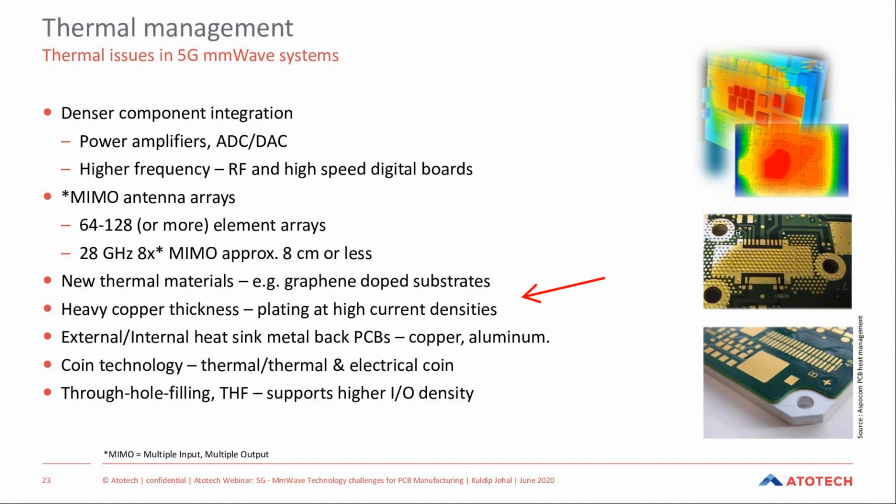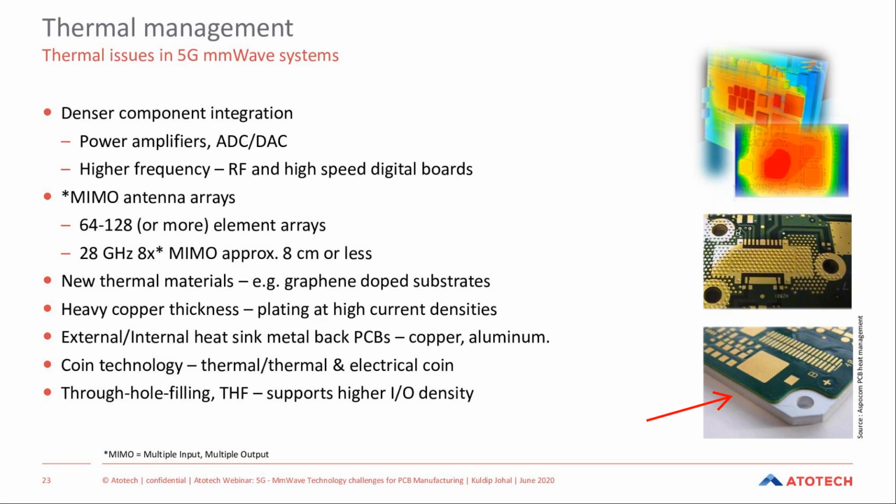Another approach that we can see that the industry has used, and I think this is traditionally being used by a lot of the military and aerospace types of industries, where they have aluminum or copper metal backing to transfer the heat from the PCB. I think one of the challenges with that is the impact on the Z direction of that.